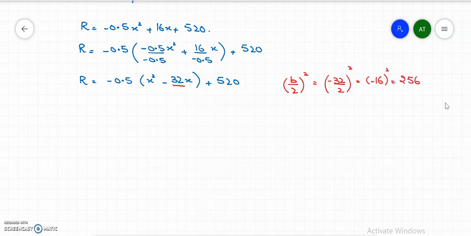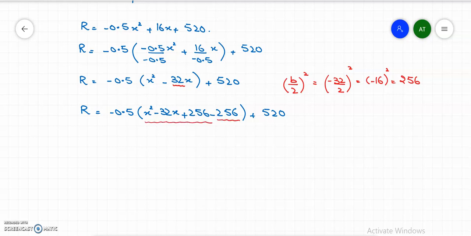So we need to add 256 and subtract 256 inside the bracket. So the revenue would be equal to negative 0.5 times x square minus 32x, add 256, subtract 256, and then positive 520, right? Okay, now the next step, we have to distribute negative 0.5 on the first three terms, and then on the last term separately.